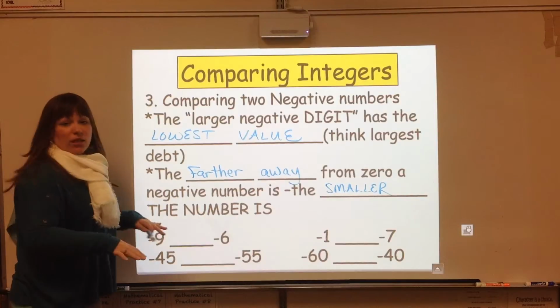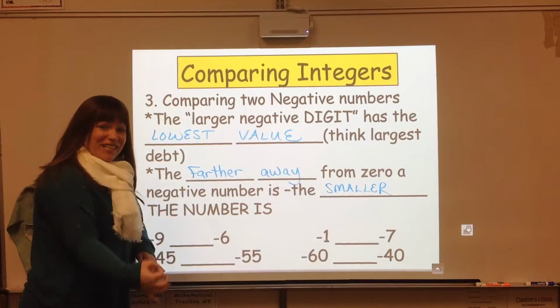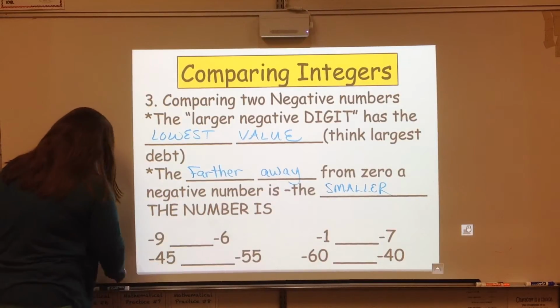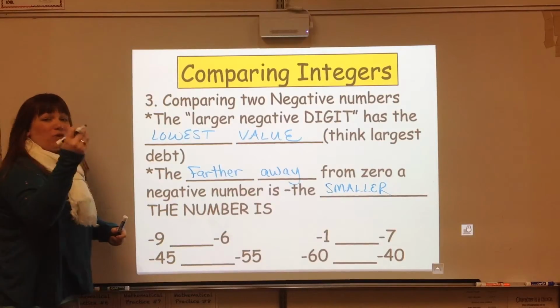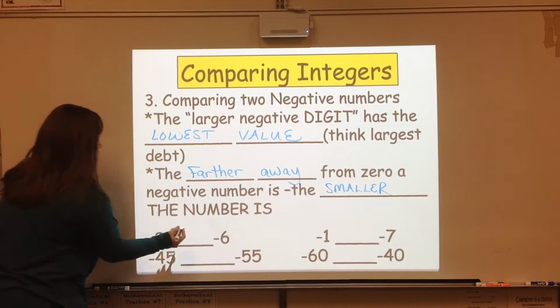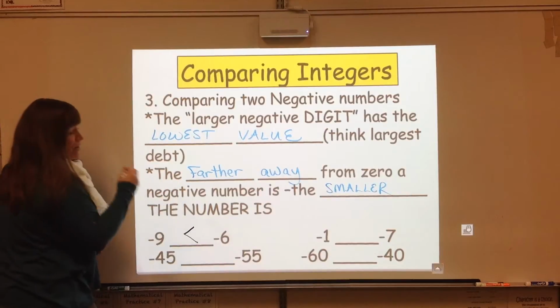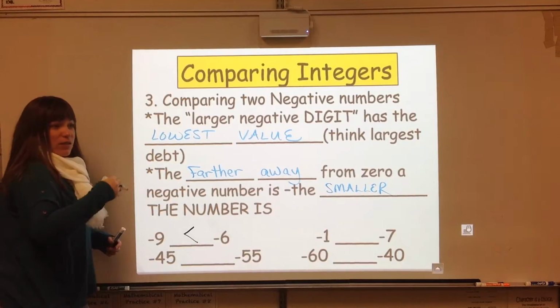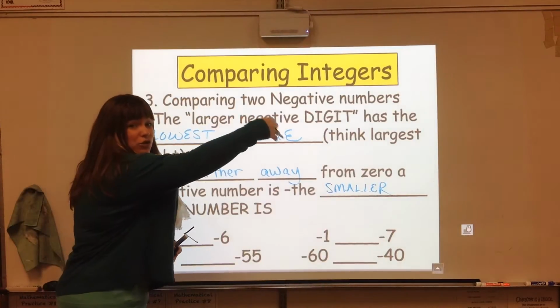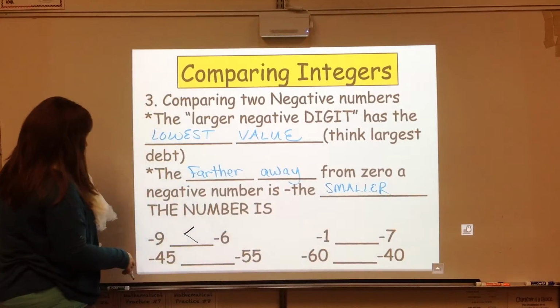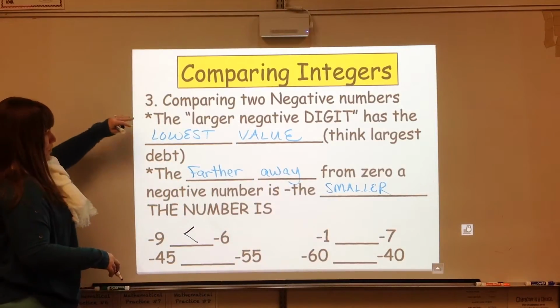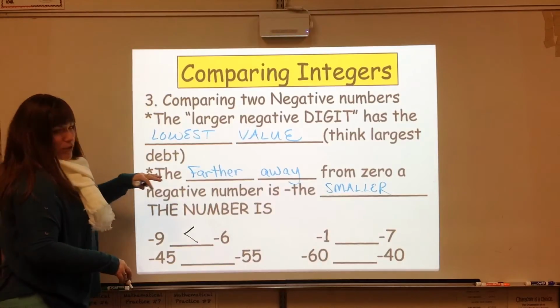So if we're just thinking about what is the larger digit between 9 and 6, it is 9. So negative 9 is going to be smaller than negative 6. Think about it as well as the number 6 is closer to the 0, if you're picturing that number line. So the larger digit is the smaller number.